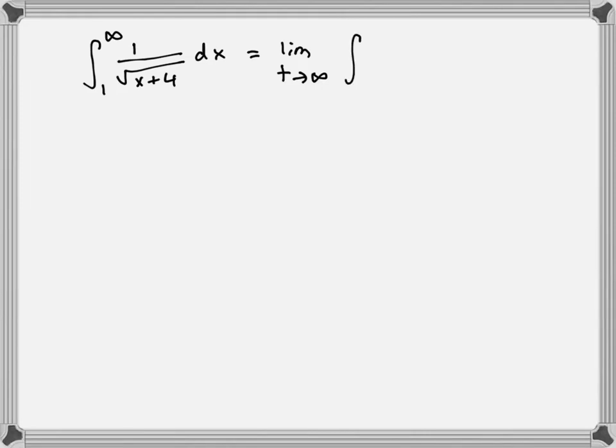I'm going to look at this integral instead, which we learned how to do in section 7.8, right? So this is, by definition, remember we need to write this as a limit as t goes to infinity of the integral from 1 to t of 1 over the square root of x plus 4 dx.